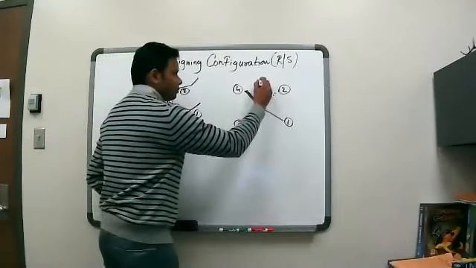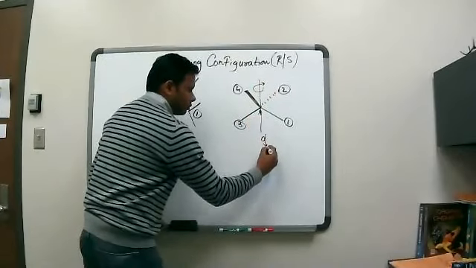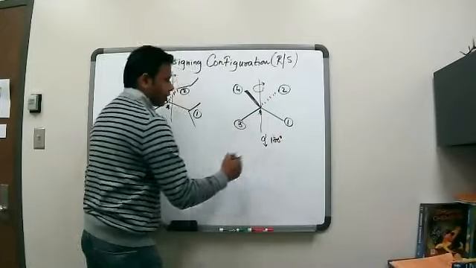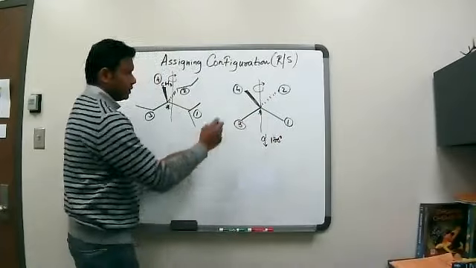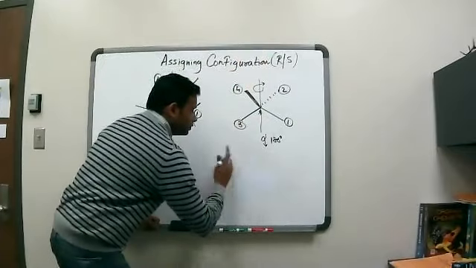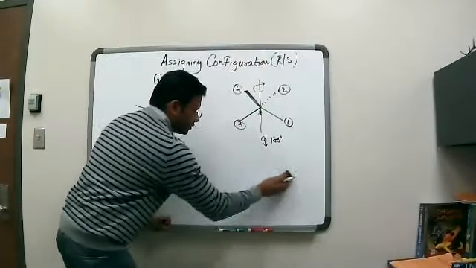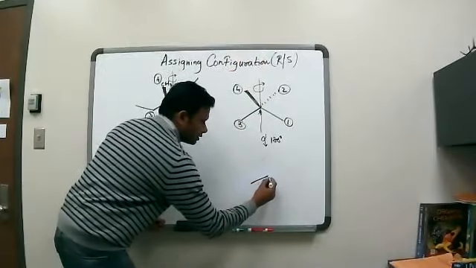Now if I imagine an axis through there and rotate around this axis by 180 degrees, it would give me an arrangement like this.